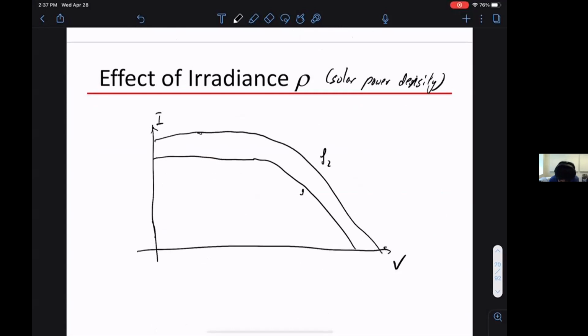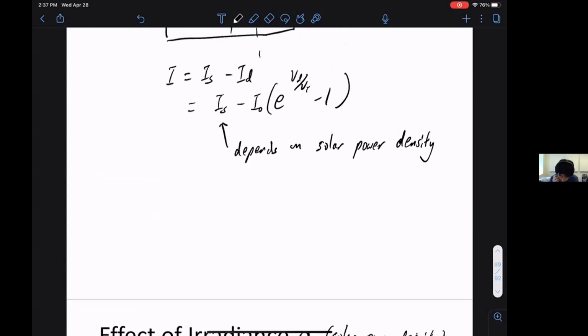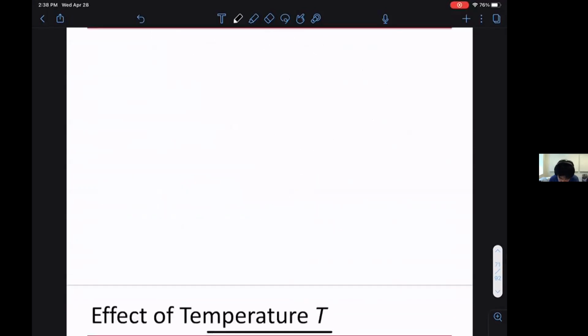So this is rho 2, rho 1. Again, the impact of sunlight comes into this current source. We'll very rarely calculate what this I_S is, but keep in mind which of these numbers depend on the irradiance value.